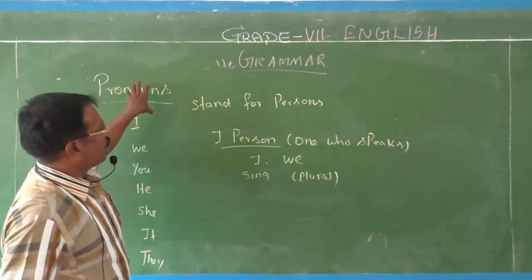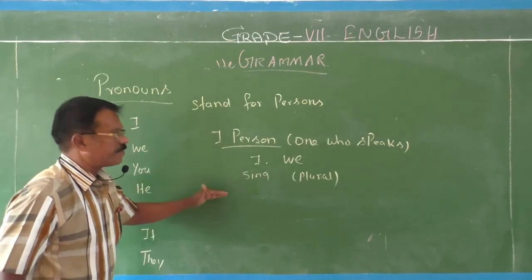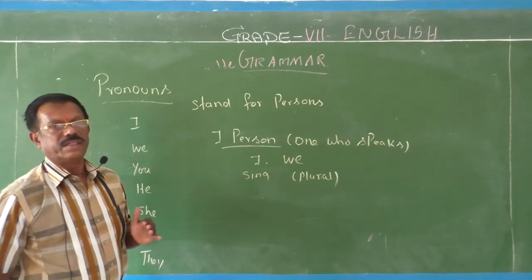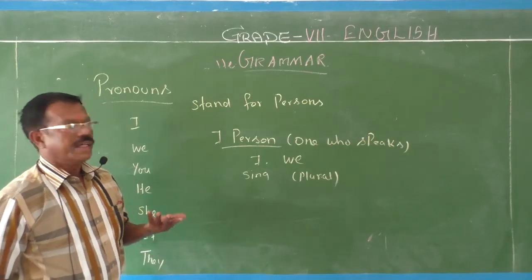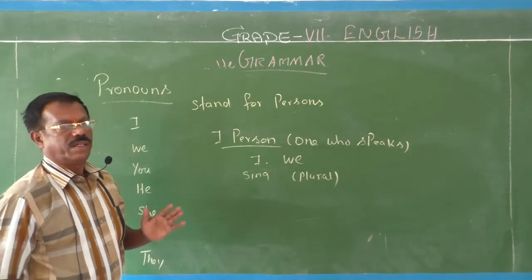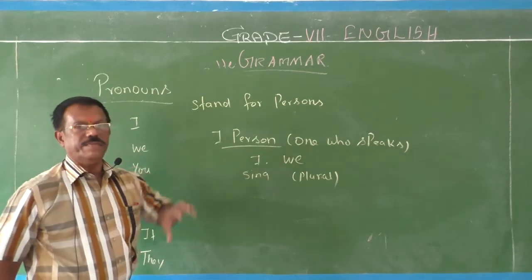So, pronouns stand for persons: first person, second person and third person. We have three persons in grammar. First person refers to the one who speaks. The first person may be singular or plural. First person singular, I. First person plural, we.